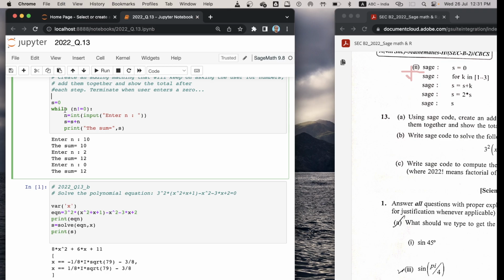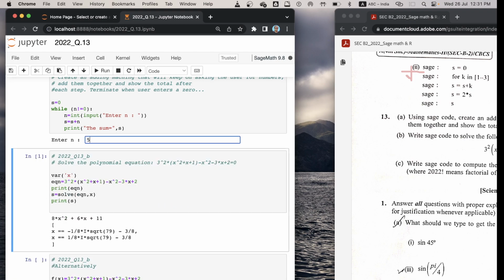When n is not equal to 0, take the value of n, then s equal to s plus n. Previous s is 0, so s equals 0 plus n, the input integer n. Print the sum s. Now run this program.